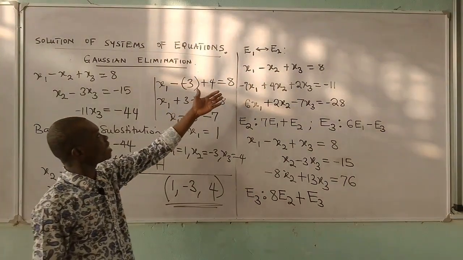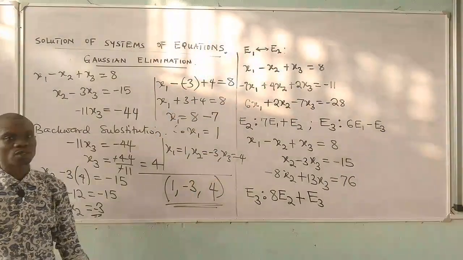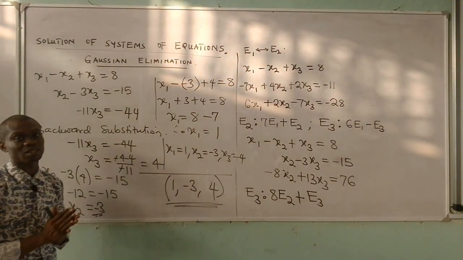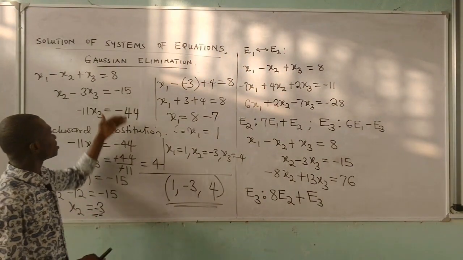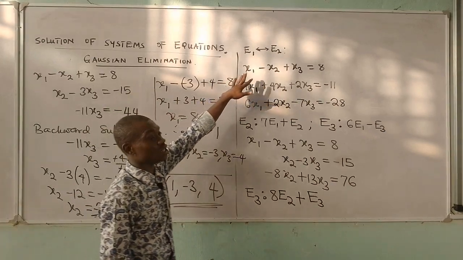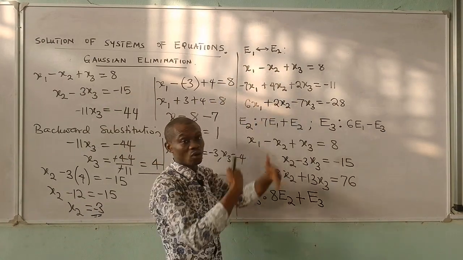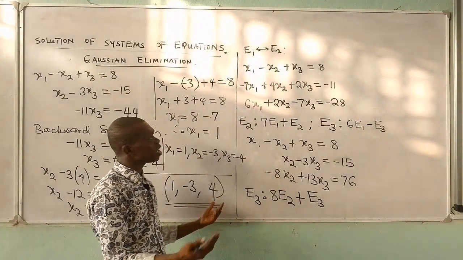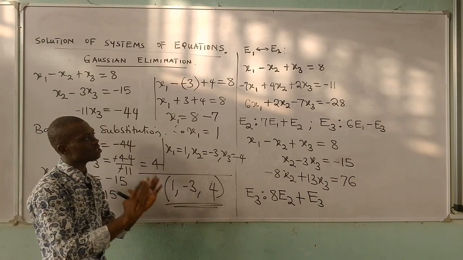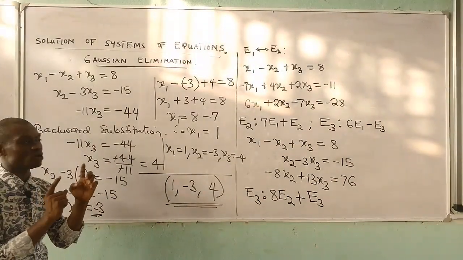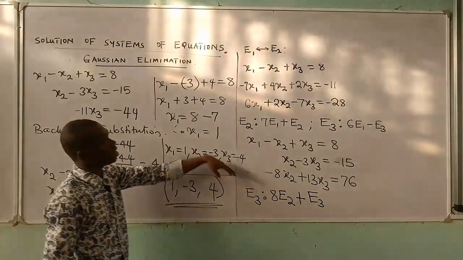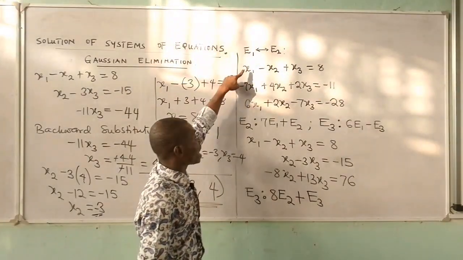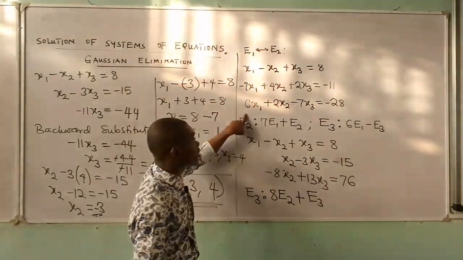Alright, so this is what Gaussian elimination is all about. Of course, we will do another example to ensure that this is well understood. It starts from you being able to interchange, and then you can multiply and add, and you can divide an equation, whatever. Just make sure it is mathematically correct. And all you are focusing on is, I want to eliminate x1 from the first column. All x1 after the first equation, you eliminate all the x1.